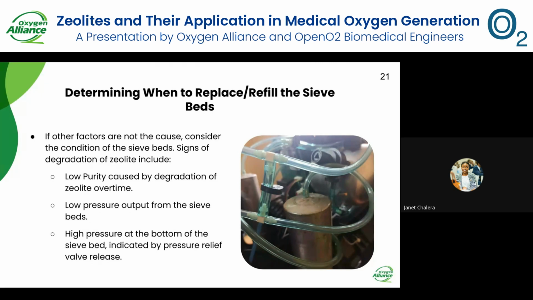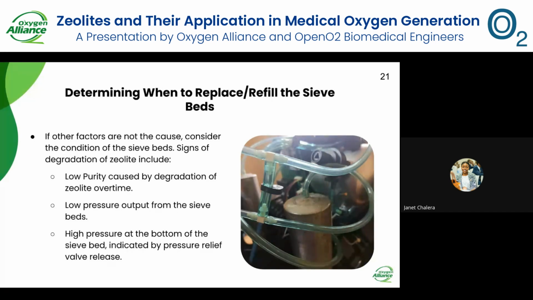Furthermore, you can look at the pressure output from your sievebeds. You have to measure this from the piping that is leading to the product tank. If you find it lower than the recommended pressure, it could mean that your zeolite has been degraded as well.